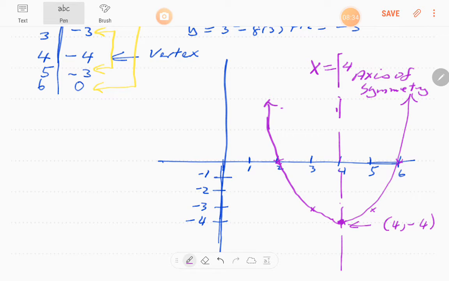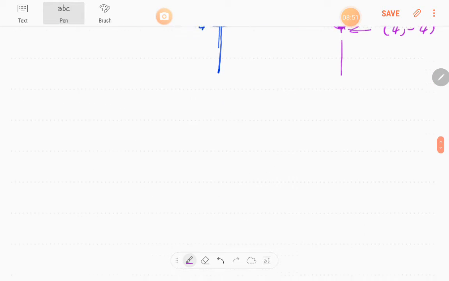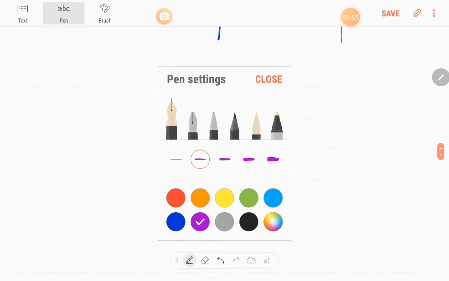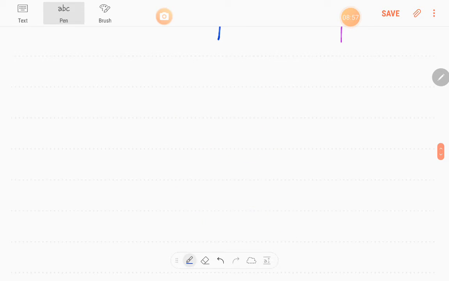Okay, so here we saw the a value was positive, so this parabola opens upwards. Now, on the other hand, if we had a negative a value, that parabola would open downwards.